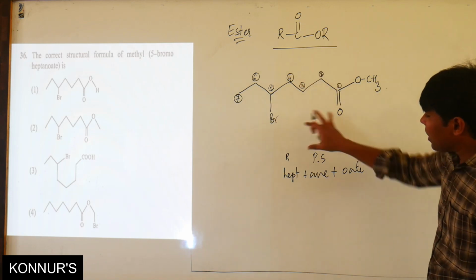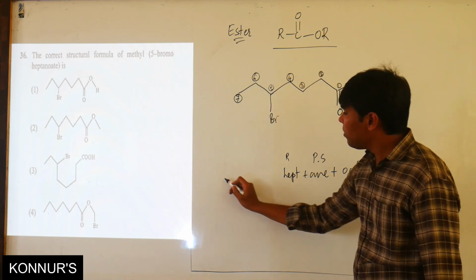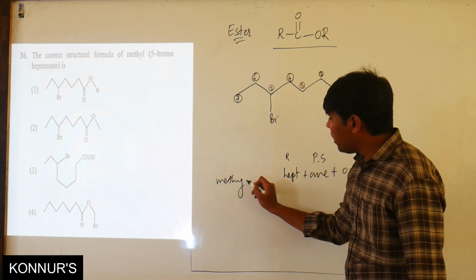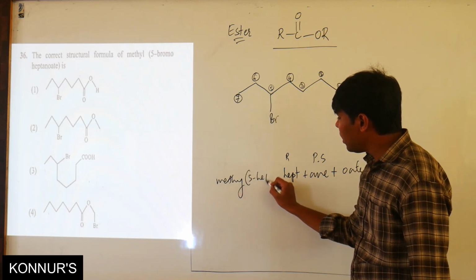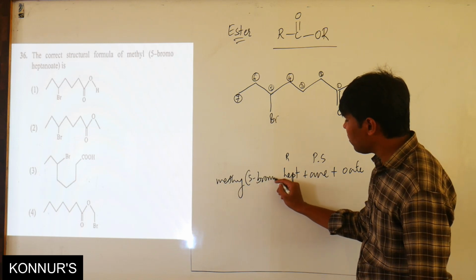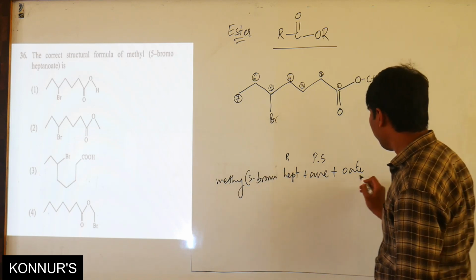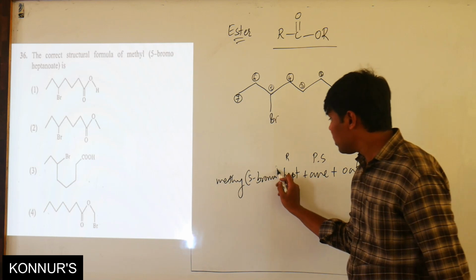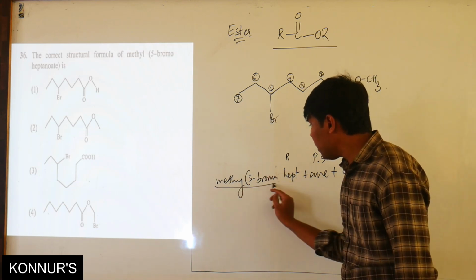So this is the exact structural formula of methyl 5-bromoheptanoate.